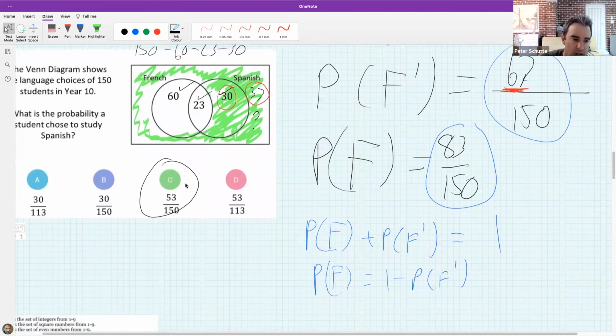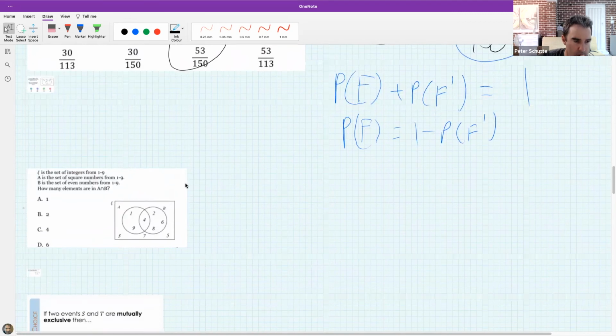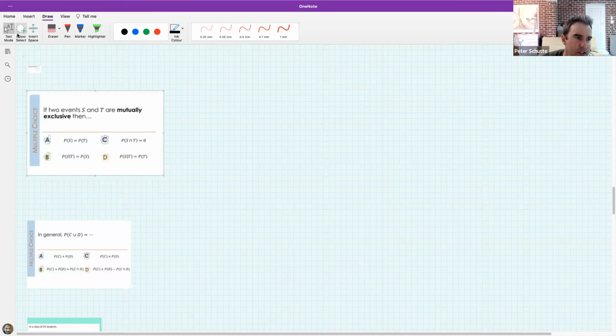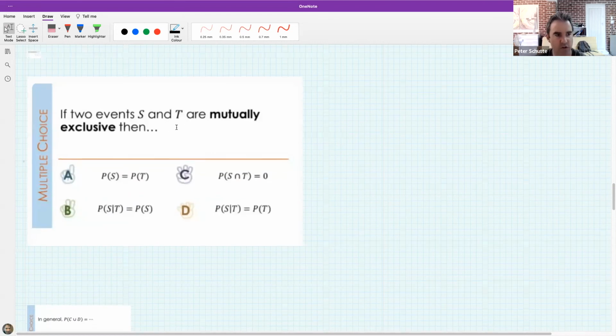Okay, let me move on. Let's just quickly check these two multiple choice identities. Let me see if you come across this type of question. If two events S and T are mutually exclusive, then what is true about them?